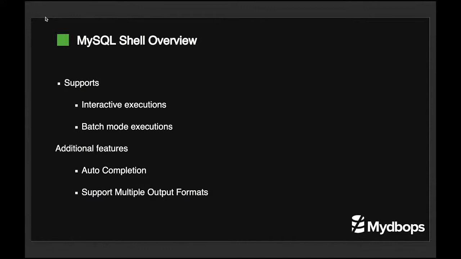The output format can be JSON, not only JSON, but a JSON array or JSON raw. The default JSON is pretty JSON, and then TSV, CSV, or tab separated, and the table format. The outputs can be of multiple types.